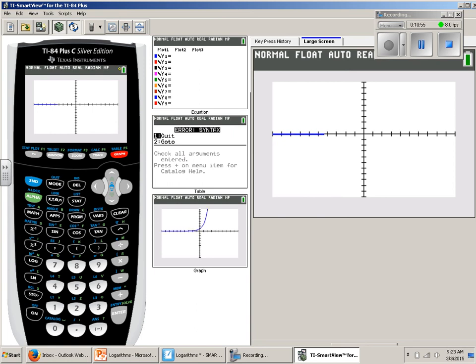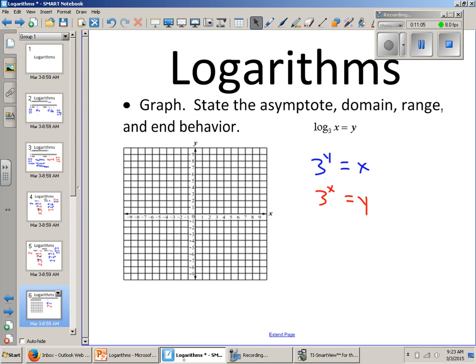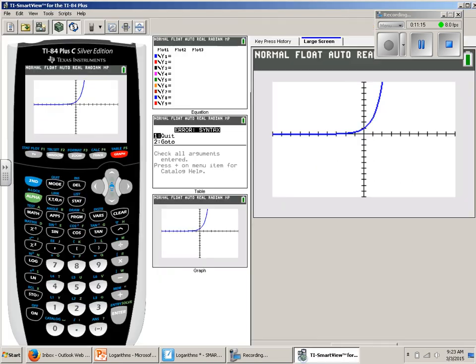And now I want to put that graph on my piece of paper. First thing we got to do is remember there's an asymptote. So our asymptote is at y equals 0. So I'm going to draw my asymptote with the dotted line. Remember, we want to get ordered pairs. Where do we get our ordered pairs?